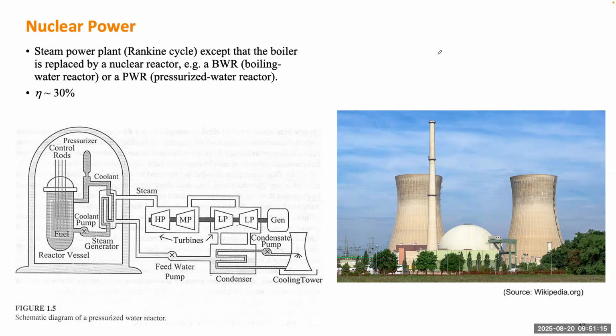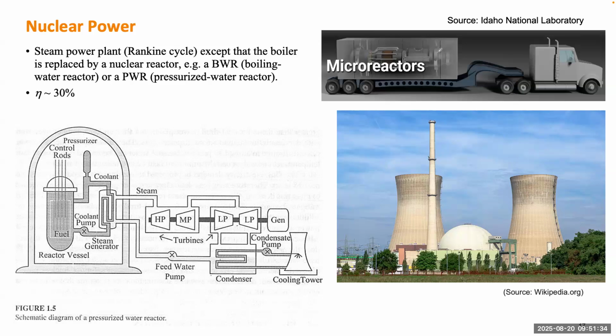To tell between the two types of nuclear reactor, usually for the second type, the pressurized water reactor, will have the pressurizer. You can tell if you have a chance to visit a nuclear power plant. But today there are new types of nuclear generators actually being studied or deployed.